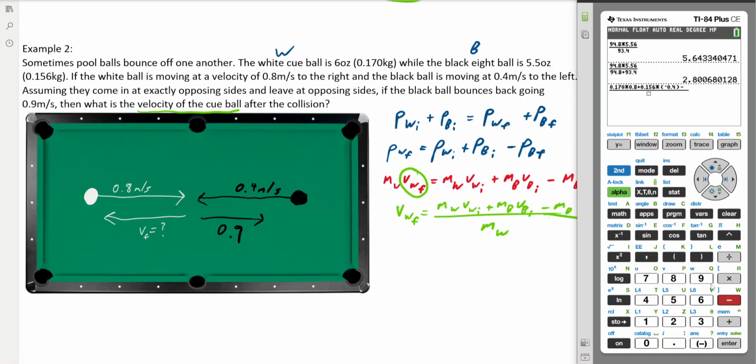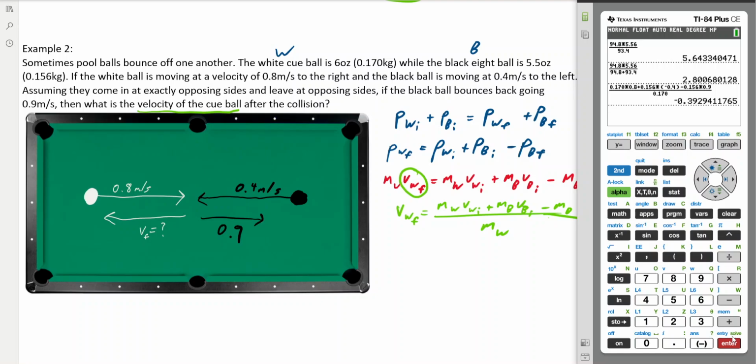MB, which is the mass of the black ball, 0.156, times the speed of the black ball, which is 0.9, and that's to the right. So going to the right. So there you go. And then the mass of the cue ball, I'm just making sure that that's correct. Okay, yep. And so now we can solve for that.